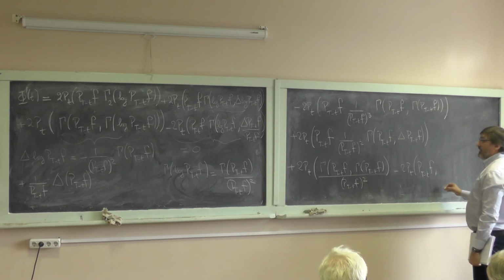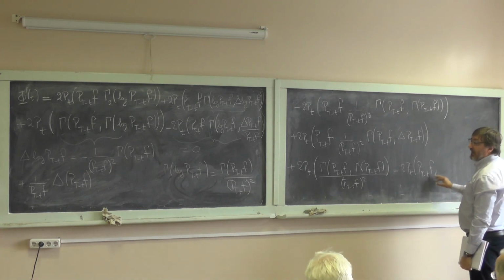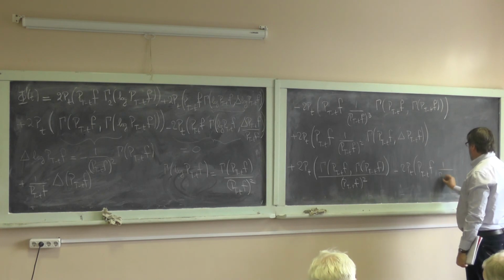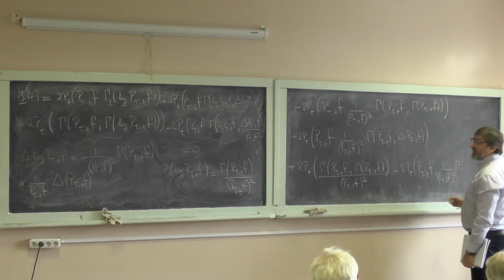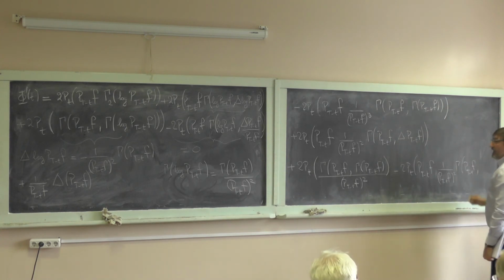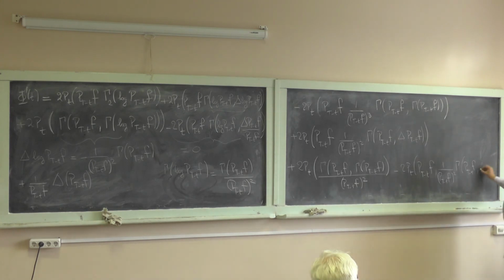I have pt f, and then I have 1 over t minus tf squared, gamma of t minus tf, comma Laplacian of t minus tf.